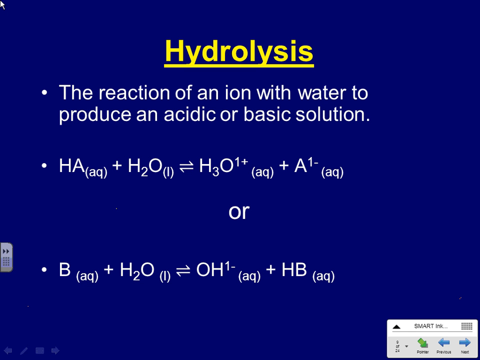I just called it a Bronsted-Lowry acid-base reaction. There is a technical name for this little reaction, and it's called hydrolysis. Hydrolysis simply means the breaking apart of water, and that breaking apart of water is the reaction that takes place with our weak acid or our weak base.